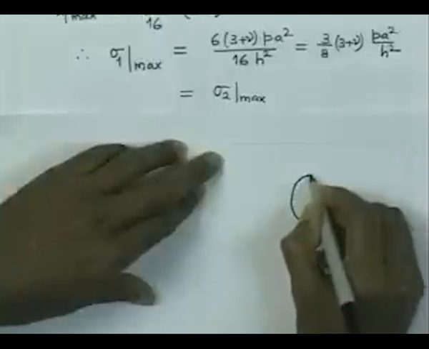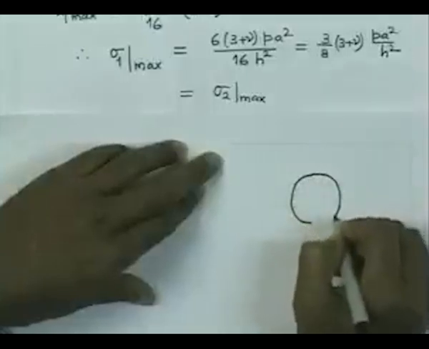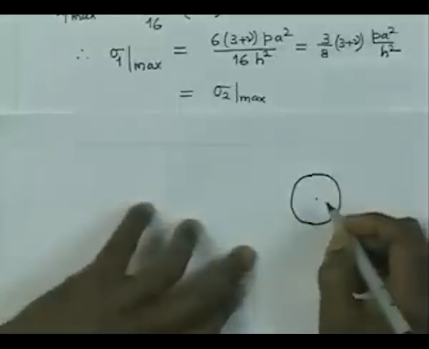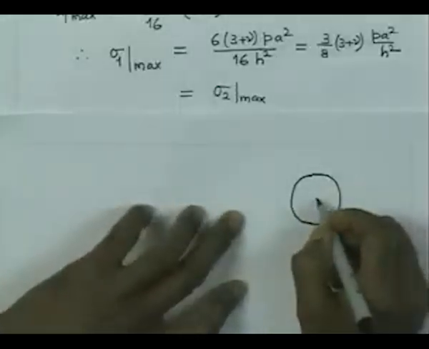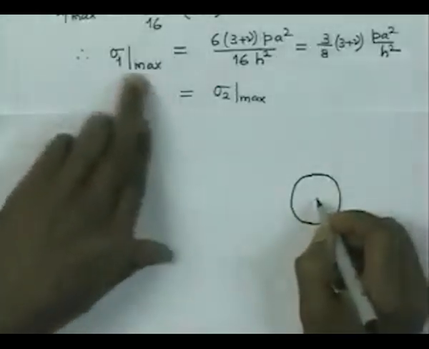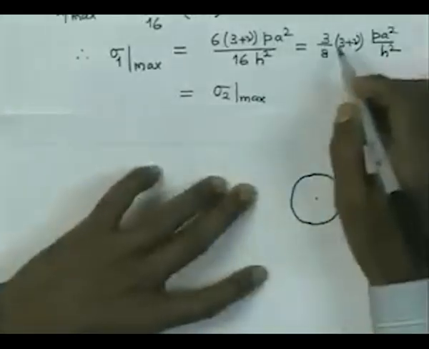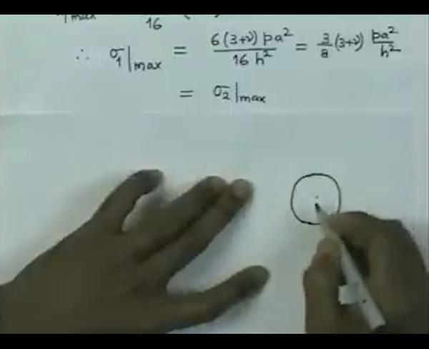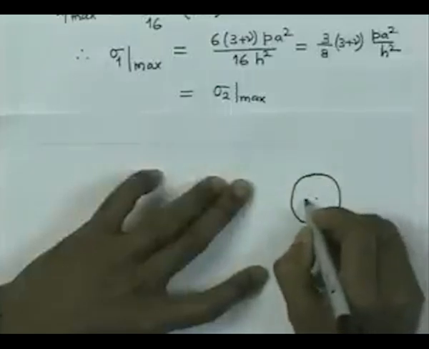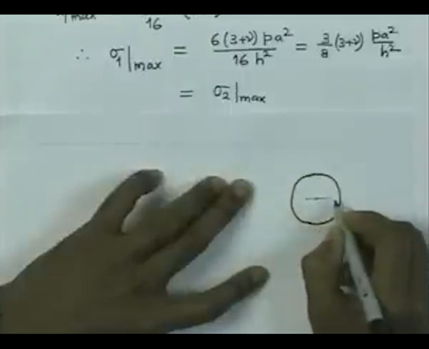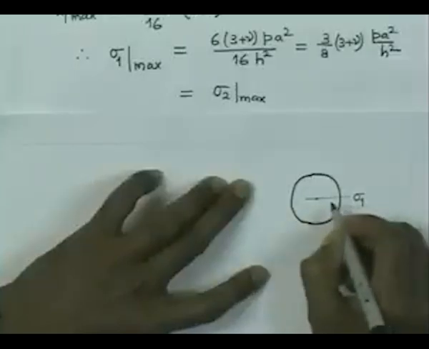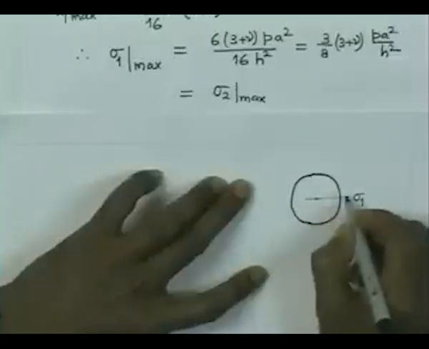We can consider the plate, this is the center of the plate, and we have seen that at this center sigma 1 max is equal to 3 by 8 (3 plus nu) into p a square by h square. If you consider that this is the direction of sigma 1, which is a radial direction.